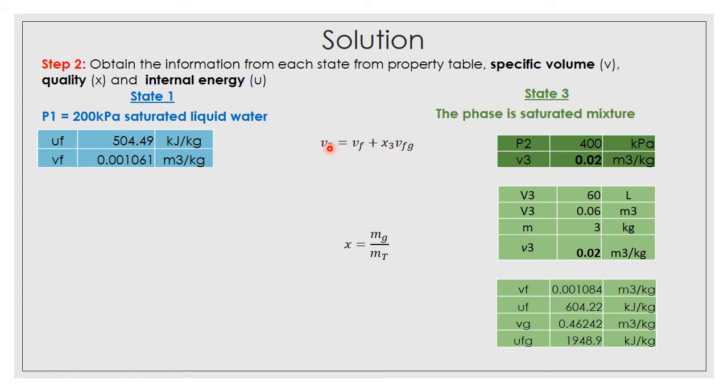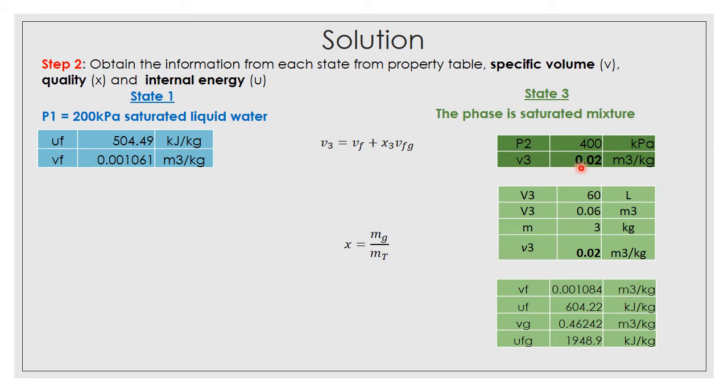From the table we can get the vf over here. vfg is not stated directly in the table, but we know vfg equals vg minus vf, which is here, vg minus vf. And we need to obtain v3 to complete this equation, v3 being the specific volume at state 3.